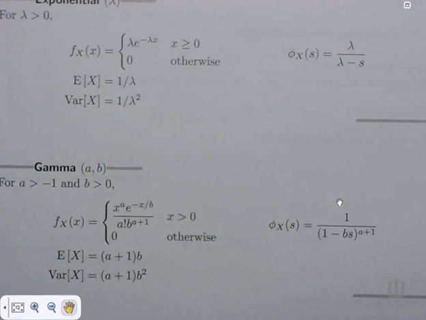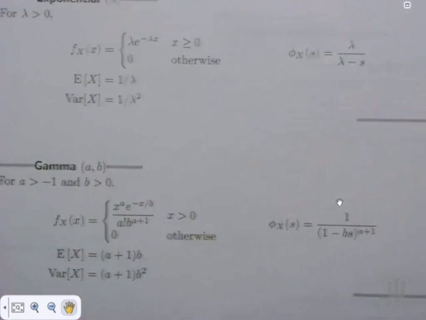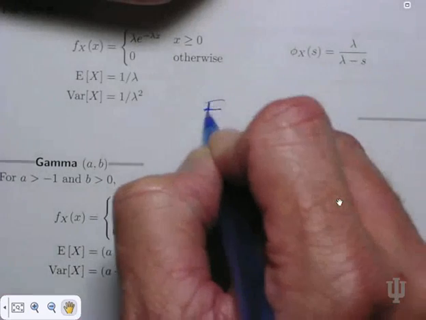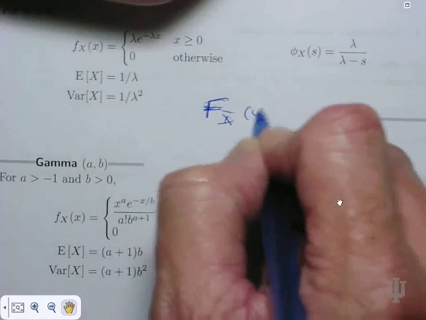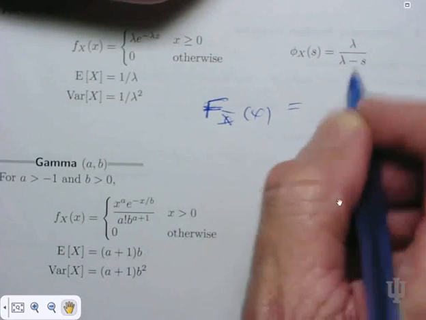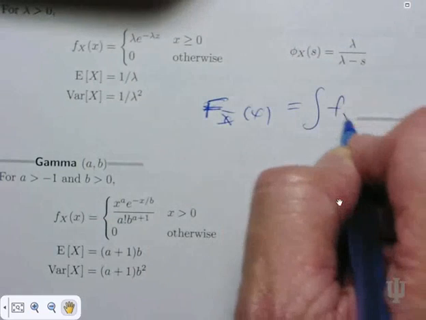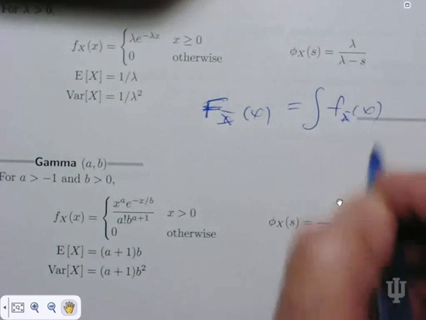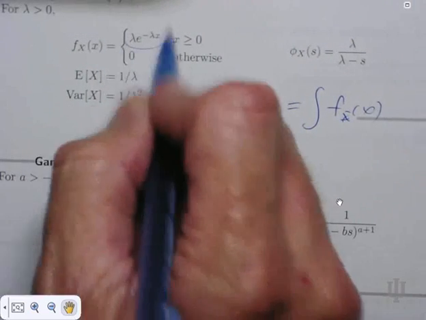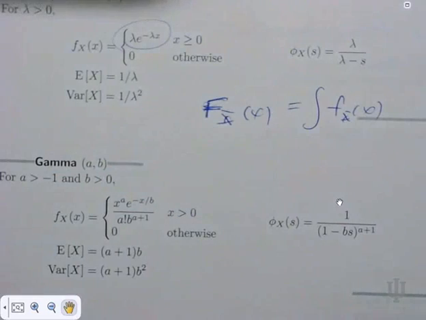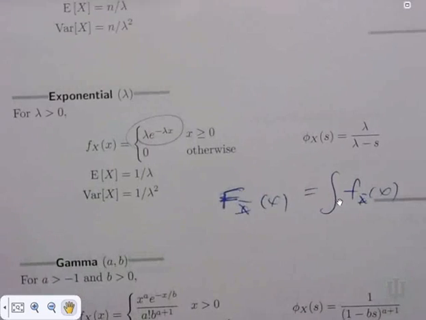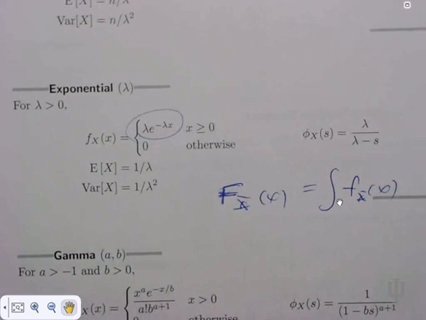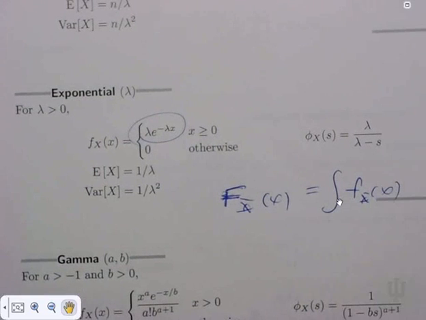For me to give you f of x, you have to integrate f of x. So we're jumping the gun here, I'm sorry. I was trying to give you what's called the exponential distribution function.